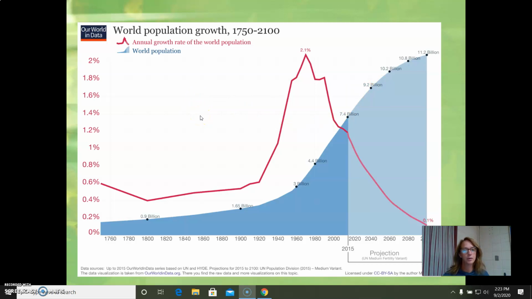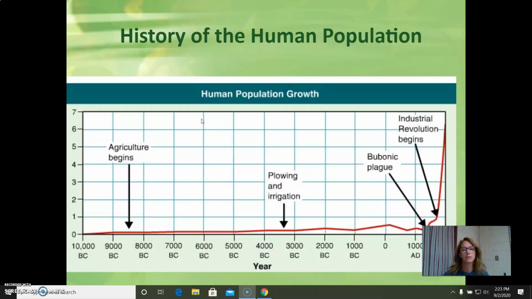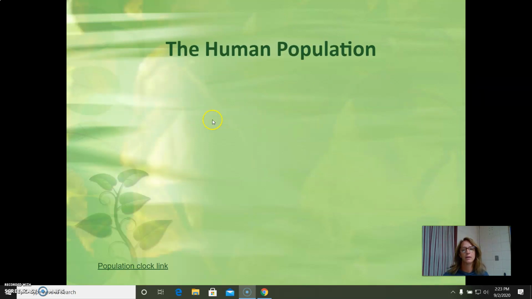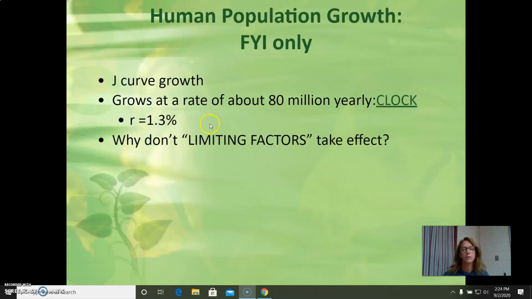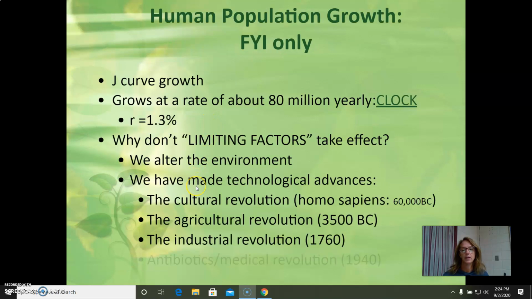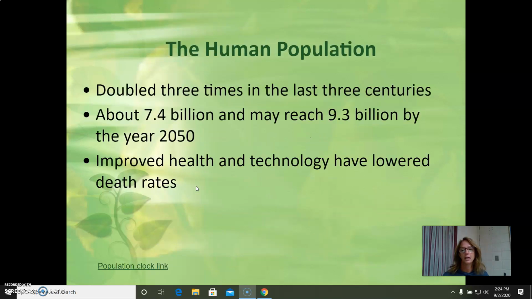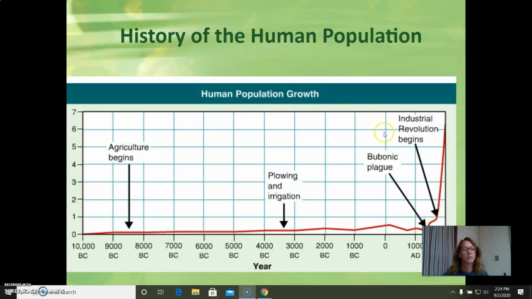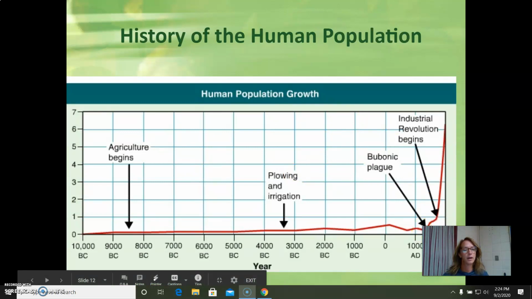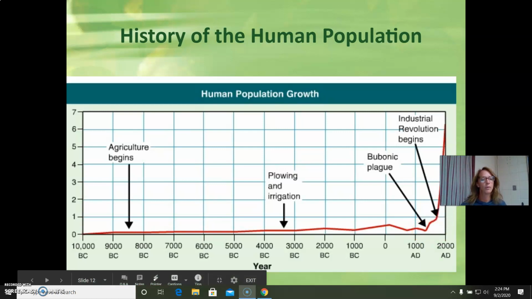I think it's important to think about the coronavirus right now because it's following this curve. Way back here we were booming, with lots and lots of people, and right here the bubonic plague hit and population went way down.